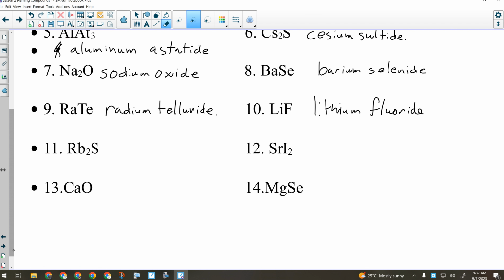Okay, we take that UR off of that one. Okay, number 12, Sr is strontium. And then iodide. Strontium iodide. It doesn't say strontium on there? Did they change that one too? They did. Okay, so we could say strontium iodide as well.